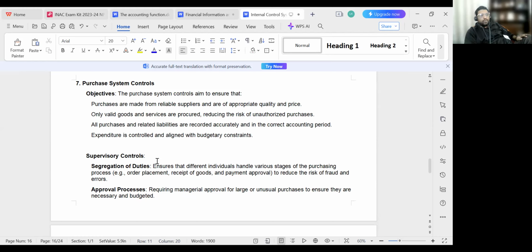So what is the possibility, what can go wrong in your purchase system? You only want your purchases from reliable suppliers, who are of appropriate quality and price. Only valid goods and services are procured, because you don't want to receive goods which are substandard or not timely, because that's going to cause you problems of efficiency and effectiveness.